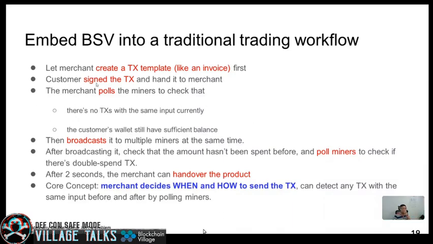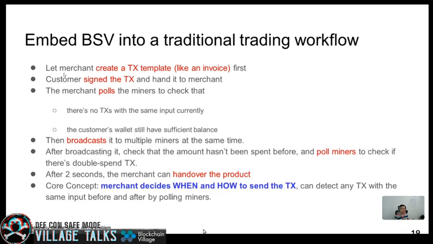So talk about it. First, in this kind of scenario, we let the merchant create a transaction template. It's like an invoice. You send an invoice to the customer first, and then have the customer sign the transaction and hand it to the merchant. And then the merchant will ask the miners to check that there's no transaction with the same input currently on the network. No one knows about it.